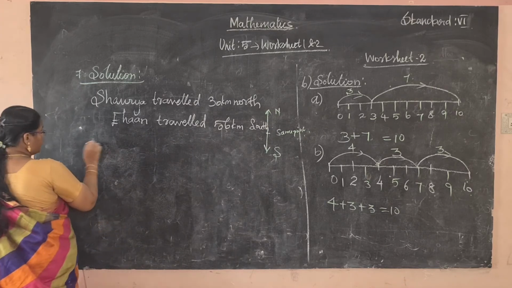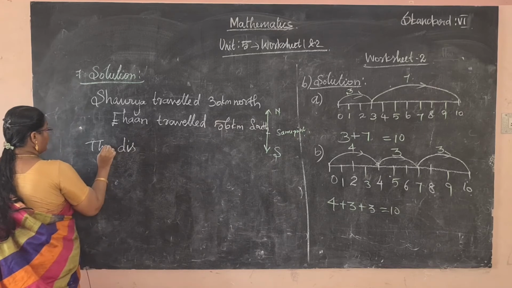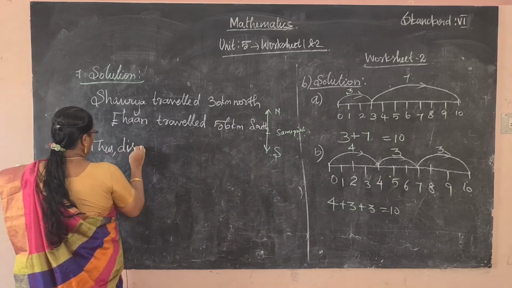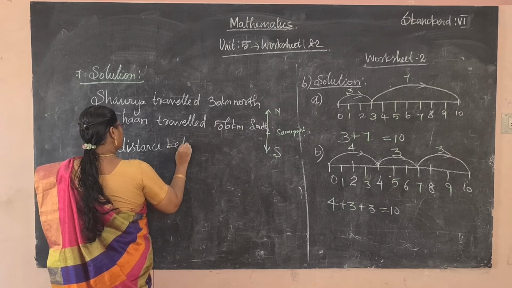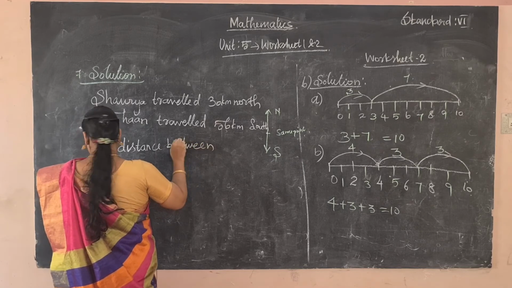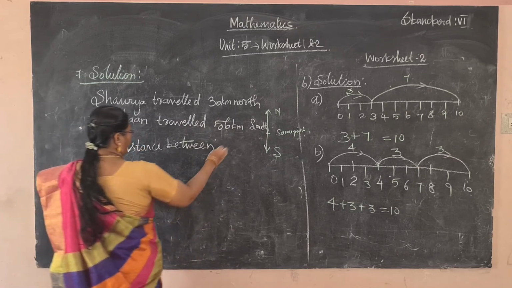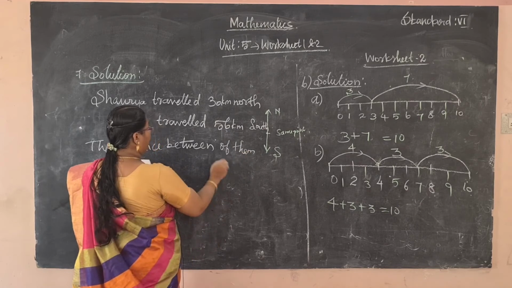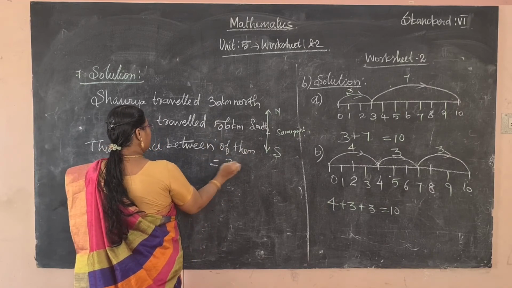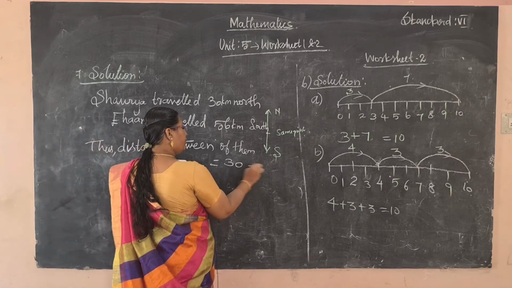So the distance between the two of them is equal to 30 north, plus the difference.